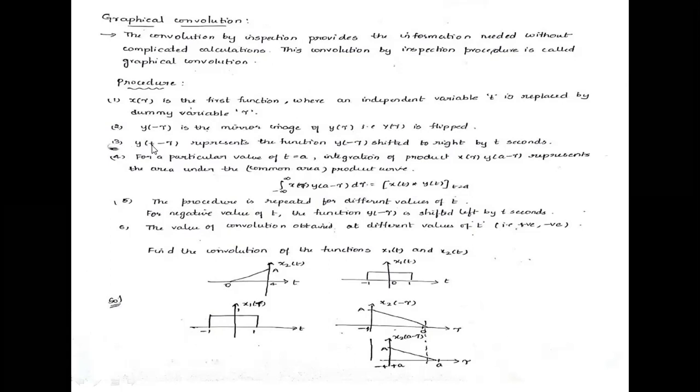So add the t here, from minus infinity to infinity, and go on shifting the folded function towards the right side.